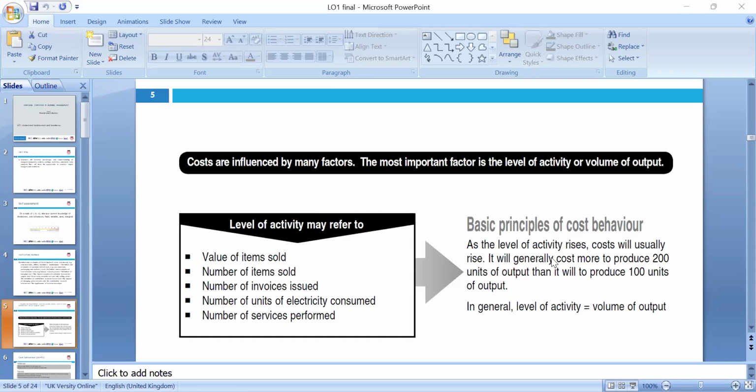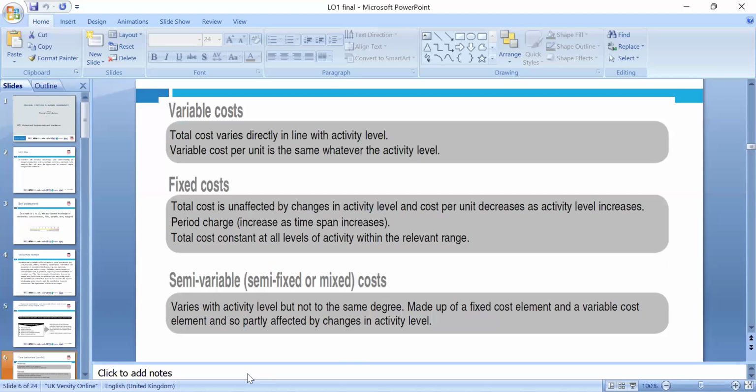If we produce more, if we serve more patients in the NHS, our cost will be more, our activity will increase. When activity increases, our variable cost increases, but fixed cost can stay fixed. As you already know, the variable cost is directly in line with the activity.